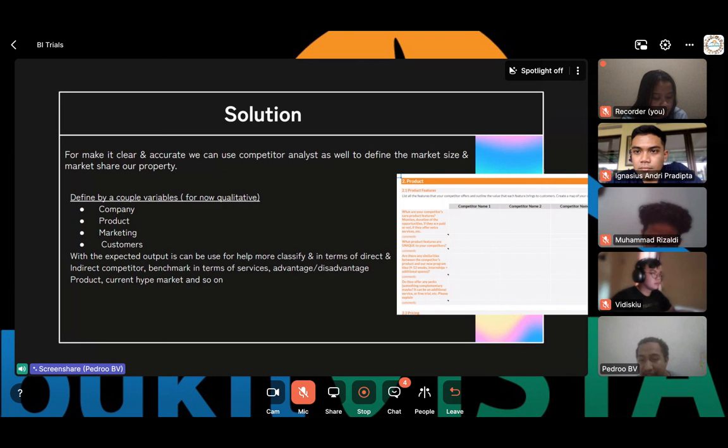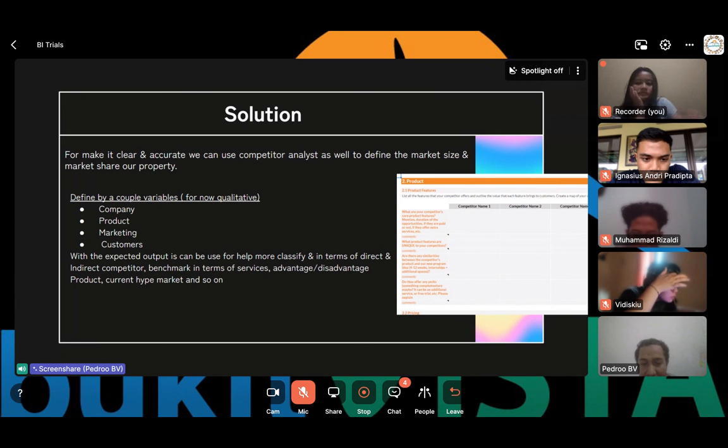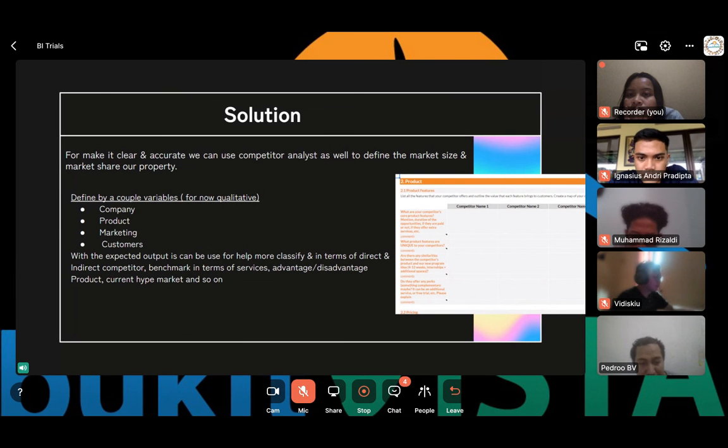For the example, we can answer the questions provided in the template. The expected output can be used to help classify direct and indirect competitors, and benchmark in terms of services, advantages, disadvantages, product, current market hype, and so on.